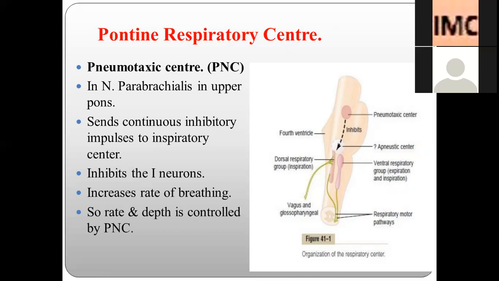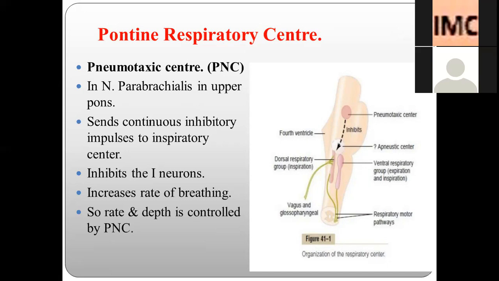So the pneumotaxic center is inhibiting the inspiratory neurons, and due to this inhibition, the rate of breathing is controlled. That means the ramp signal will otherwise be continuously going on. So the rate and depth is controlled by the pneumotaxic center.